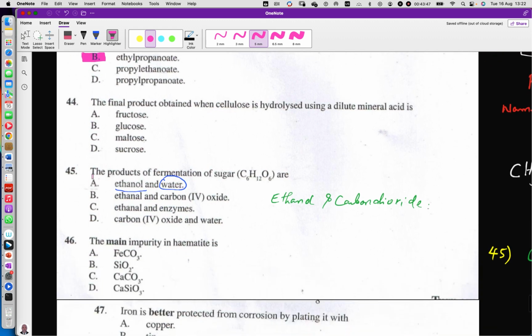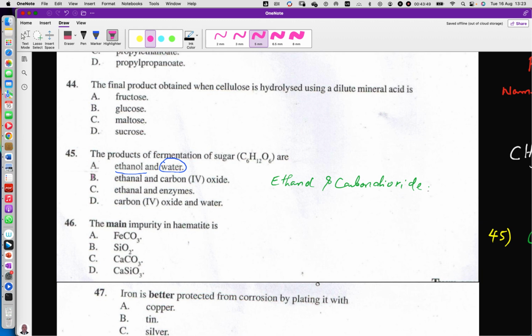44. The final product obtained when cellulose is hydrolyzed using a dilute mineral acid is: fructose, glucose, maltose, or sucrose.